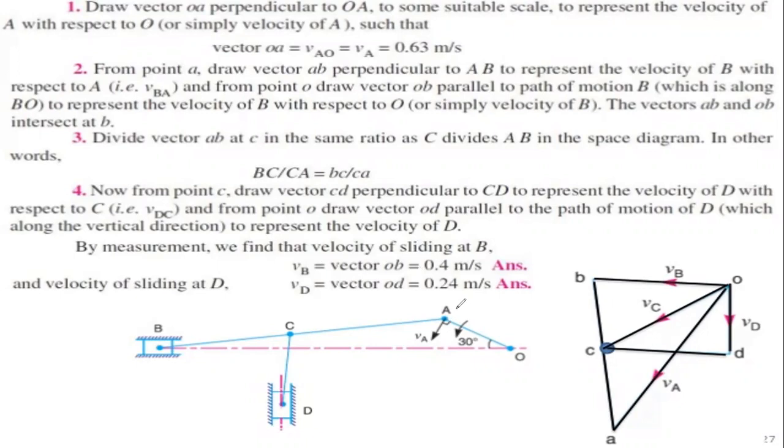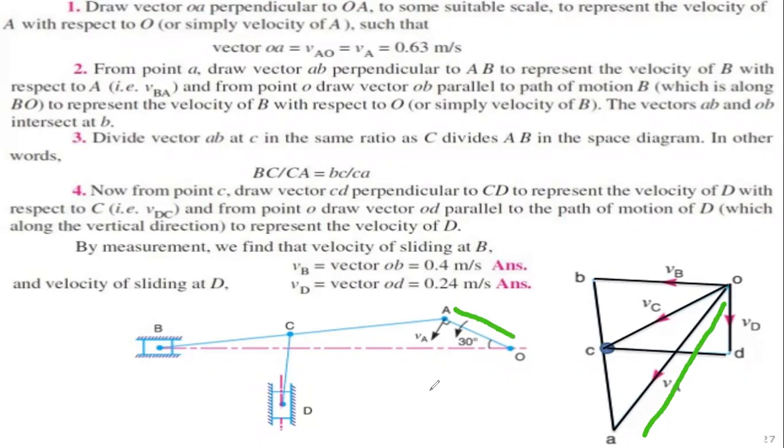Here this is the link OA, and in the velocity diagram this is the link OA. This OA is perpendicular to the original link in the space diagram.